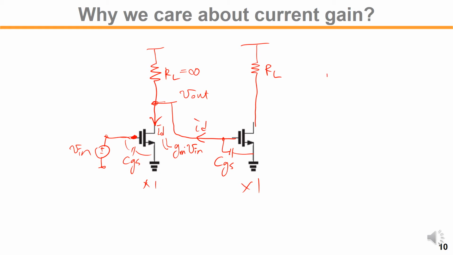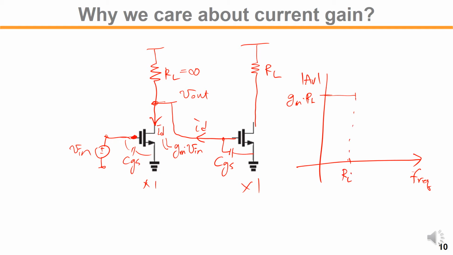If the RL goes to infinity, then all the current flows onto the CGS here. If you look at the frequency versus gain AV, at DC we have a voltage gain of GM times RL, and then a certain bandwidth given by RL times CGS. Let me write down again: 1 over 2 pi RL CGS is the pole.